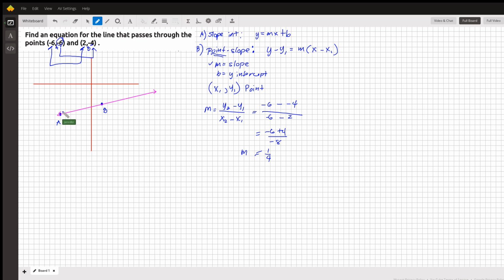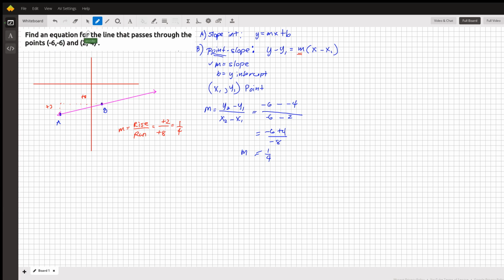And you can verify that because from A, you go up 2 and run 8 to the right. Remember, slope is rise over run, so you rise positive 2, you run positive 8, which equals 1/4. So you can either use the graph or the formula to find your slope. Now that we have a slope, you can pick one of these two points.